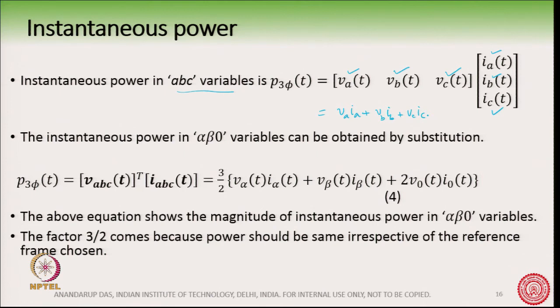Now, what is the instantaneous power in alpha beta 0 variables? We can substitute whatever we have got.